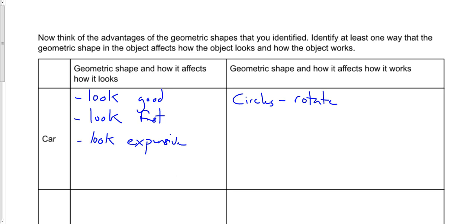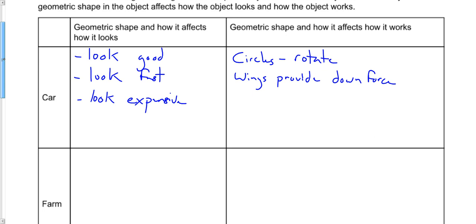The squares and so on act as the wings on the race car; they provide downforce to keep the race car firmly planted to the ground. There are other functions that different shapes provide in their form as well.